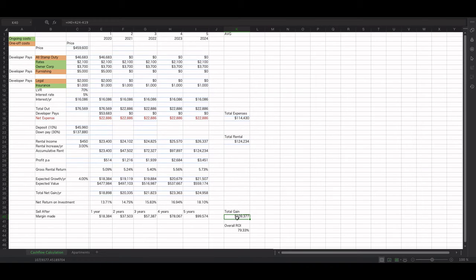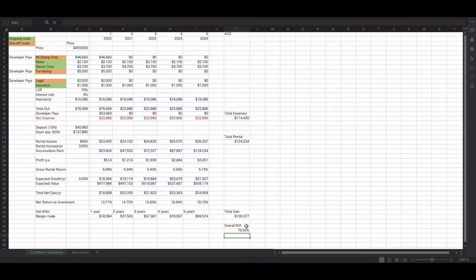Okay, and if we divide the total gain by the down payment, in this case our investment of 30% of the purchase price, it gives us 79.3% overall ROI. ROI stands for return on investment.